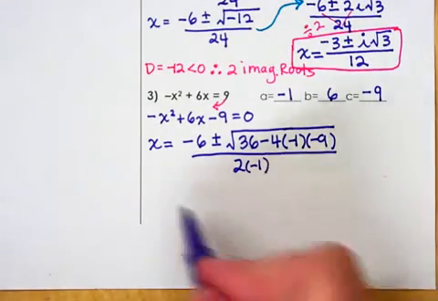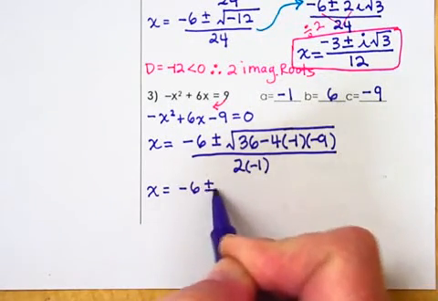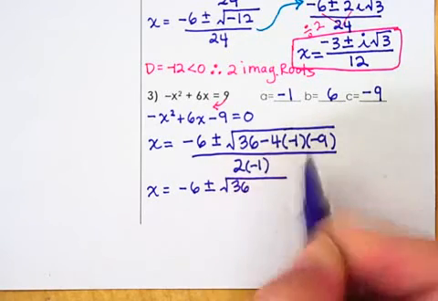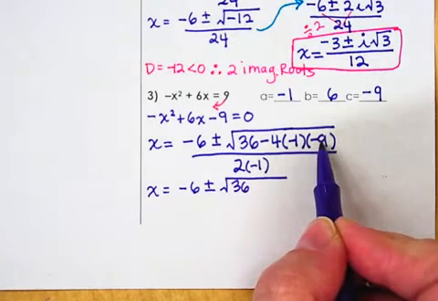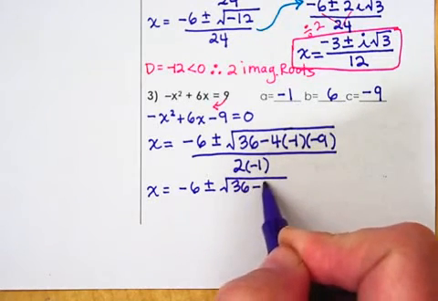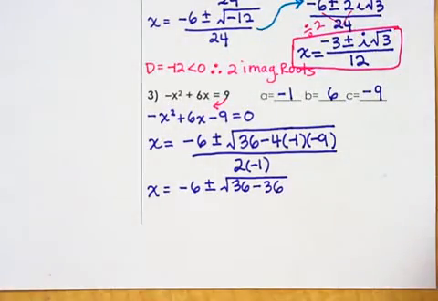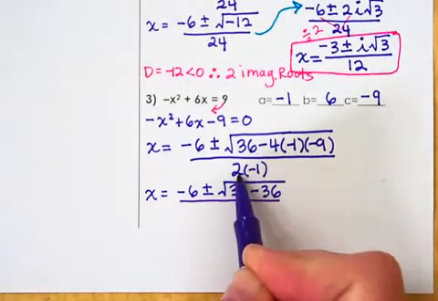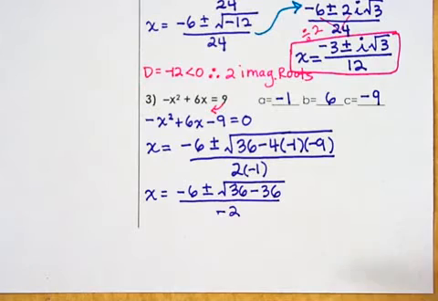Okay, we're going to simplify this a little bit more. Negative 6 plus or minus the square root of 36, and negative 4 times negative 1 times negative 9 is negative 36, all over negative 2. 2 times negative 1 is negative 2.